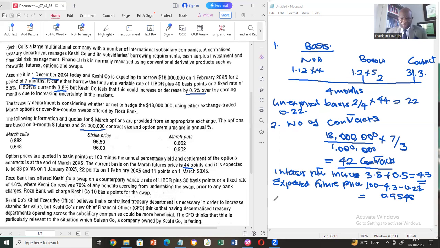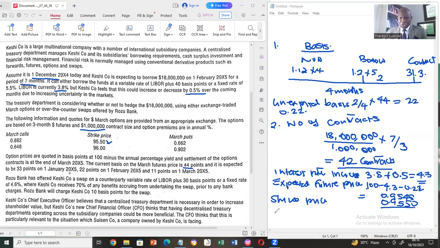Now the strike price. The strike price there is 95.5, or 0.955.